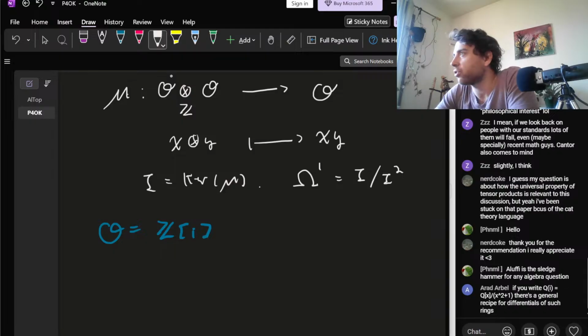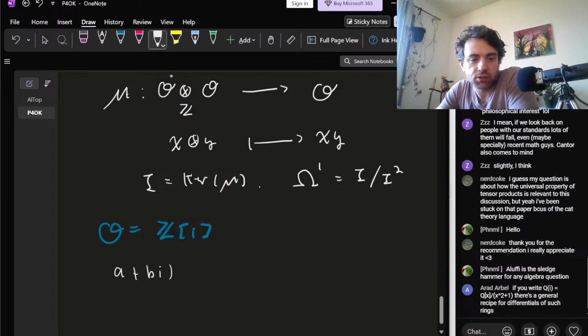But I still think this will be a free Z module, right? Because basically, what are things in this ring? They're like a plus bi, integers of this form, tensor c plus di.